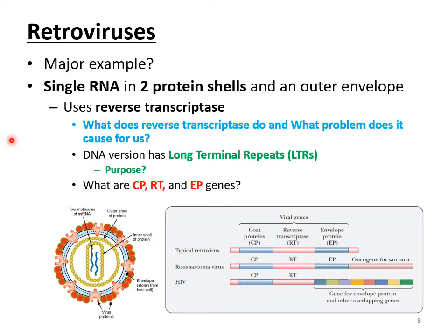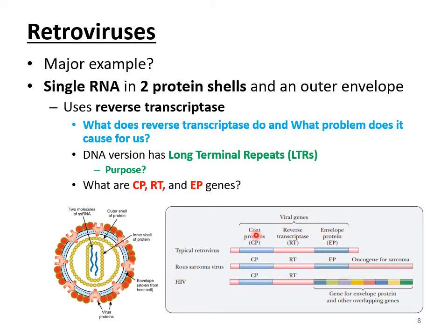The last point that I want to make is they have these genes that you see in the figure, CP, RT, and EP. And some of it we've been discussing by discussing the form of the retrovirus. CP stands for the coat protein, so the two layers of proteins around the genome, so yellow in this figure.